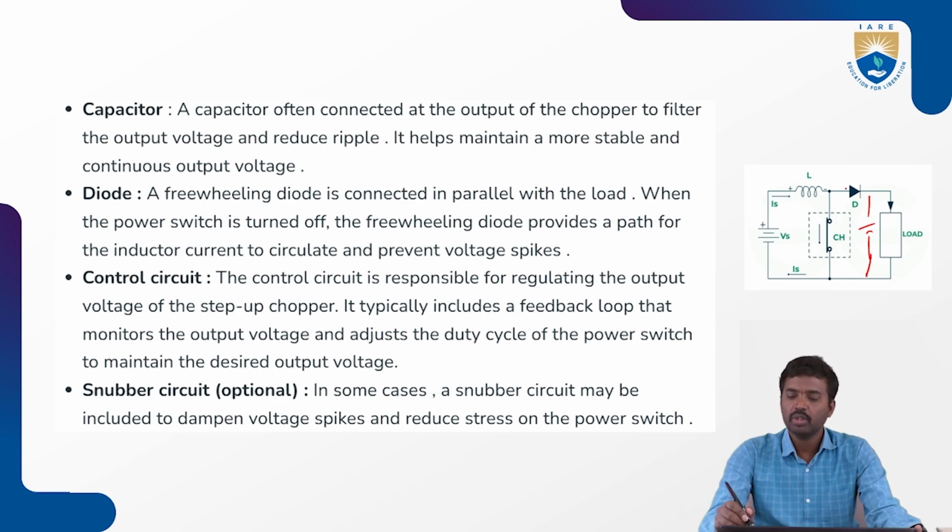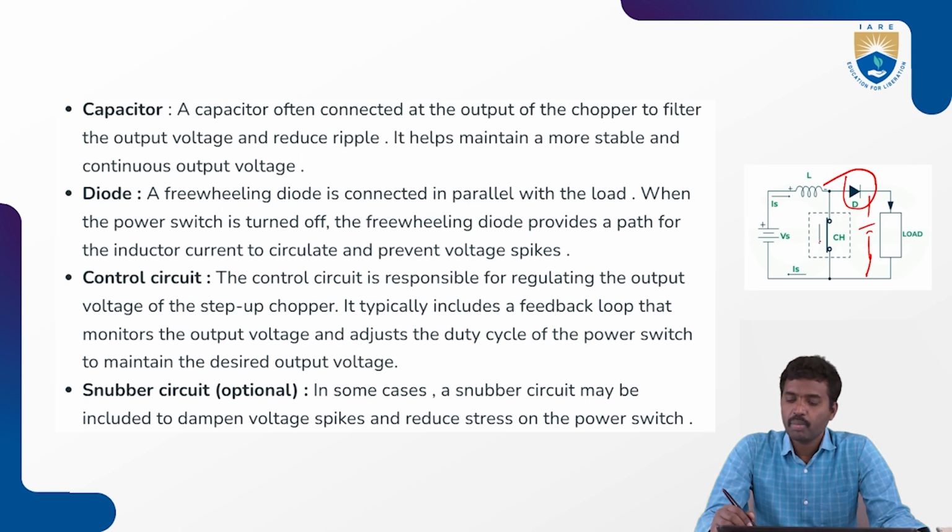Now, what about this diode? It is a freewheeling diode. It is connected in parallel with the load. When the switch is off, this freewheeling diode provides the path for the inductor current. Here this is the load.